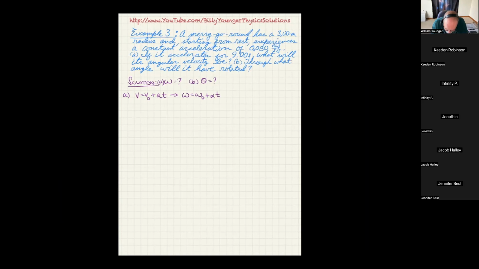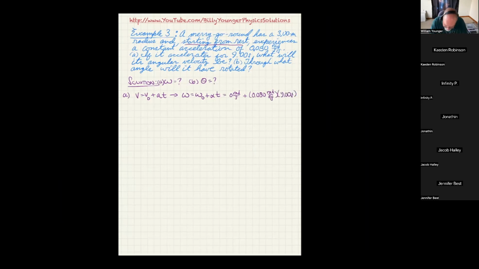Since it's starting from rest, the initial velocity is 0 radians per second, plus alpha, which is 0.080 radians per second every second, which is also radians per second squared, times 9.00 seconds.